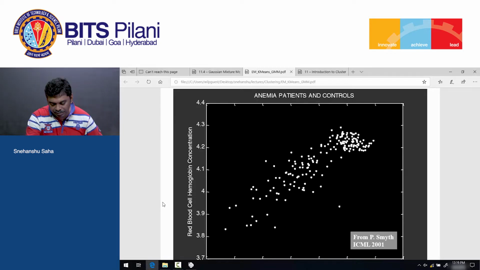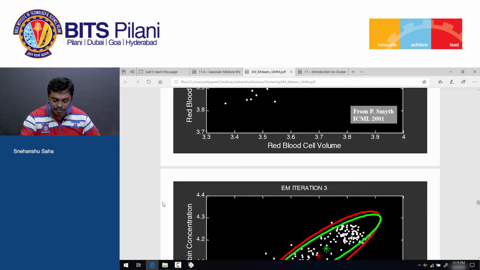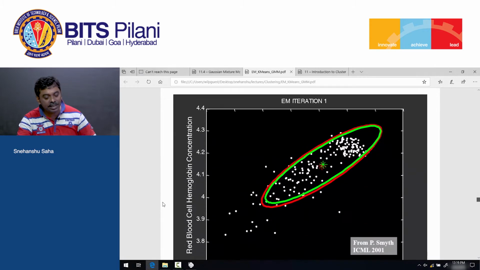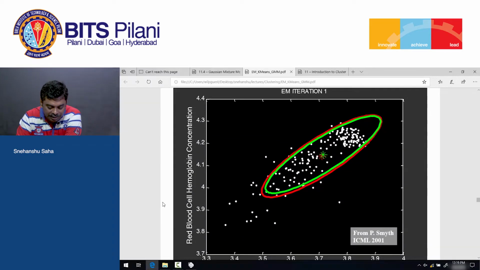So these are the groupings of the healthy patients, okay, and these are the groupings of patients which are anemic. All right, but however, it's kind of difficult to segregate the two, right, because you really don't know the class levels. So what we do here is, when you first do a cluster, this is the first iteration of the expectation maximization, right?